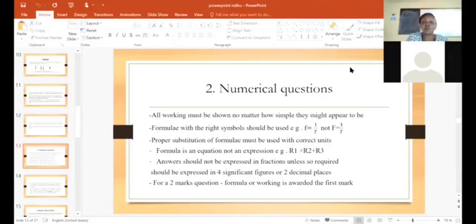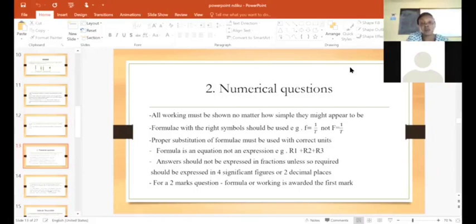When you are writing formulas, the correct symbols must be used. For example, we have this formula which is normally an issue in paper 2: frequency f equals 1 over T. It's good to take note that when you are writing f, it must be a small f, not a capital F. If you use a capital F, then it's wrong. So you have to use a small f.